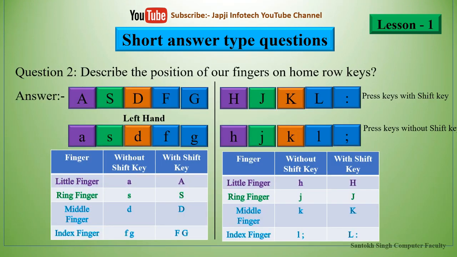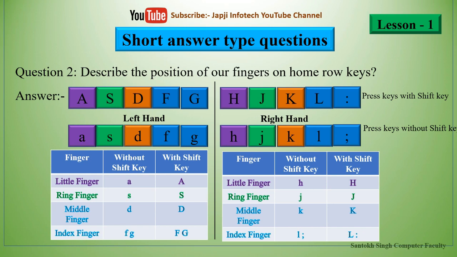So now our second question is: describe the positions of our fingers on home row keys. The home row finger position is shown in the following picture. So place your fingers in the home row position on your keyboard.